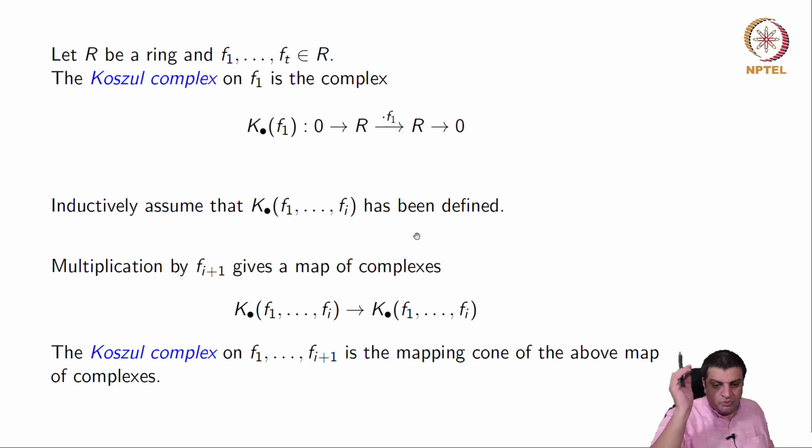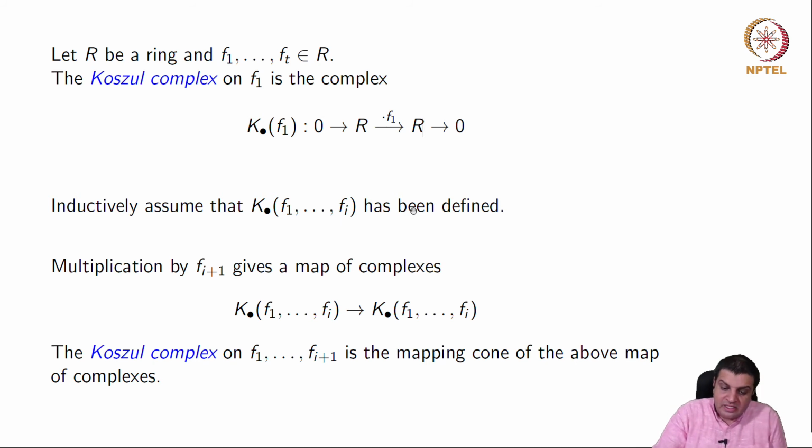Now we come to this point of defining Koszul complexes. So we have a ring R and some T elements in R. The Koszul complex on F1, a single element, is the complex in which we put R at the first position and R at the 0th position, with the map multiplication by F1. Okay. Inductively, let's assume that for I elements we have defined it.